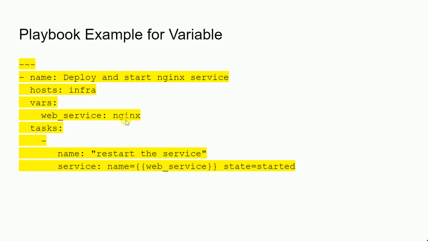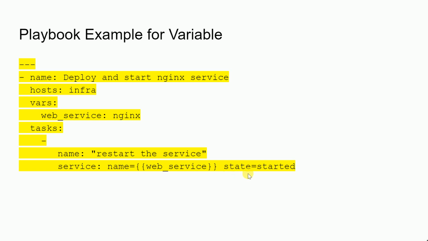So whenever I run this playbook, it tries to identify the variable with the Nginx service, and it will restart the service using the service module, which we learned in the last video.